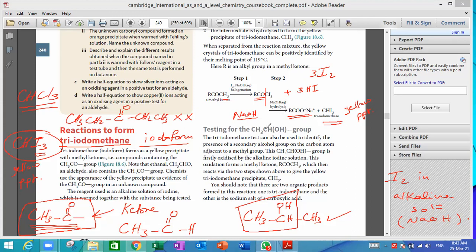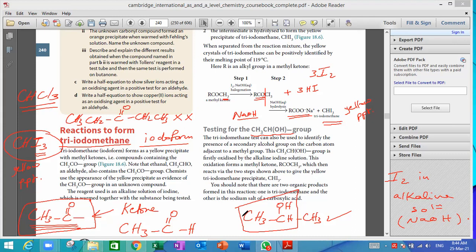Okay. Also, if we have the secondary alcohol group, we can test it in the same way. We add iodine in the presence of sodium hydroxide and warm a little. Also, it will give us the yellow precipitate of triiodomethane, of course, and the rest of the molecule is going to be oxidized.